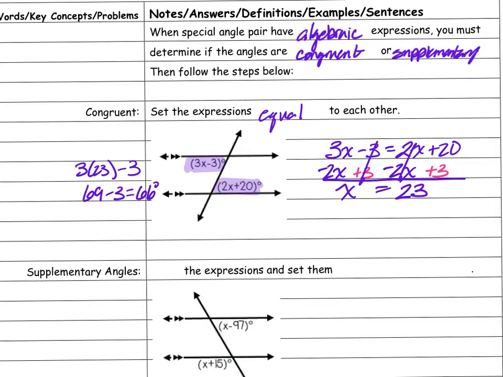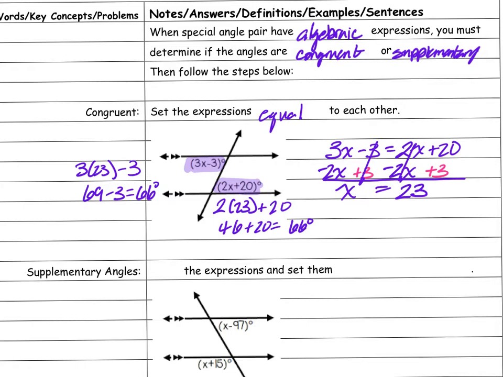Did I multiply that out right? 3 times 23 is 69. Yeah, that should be right. And then let's try this. 2 times 23 plus 20. So that should be 46 plus 20 is 66 degrees. Yeah, beautiful.